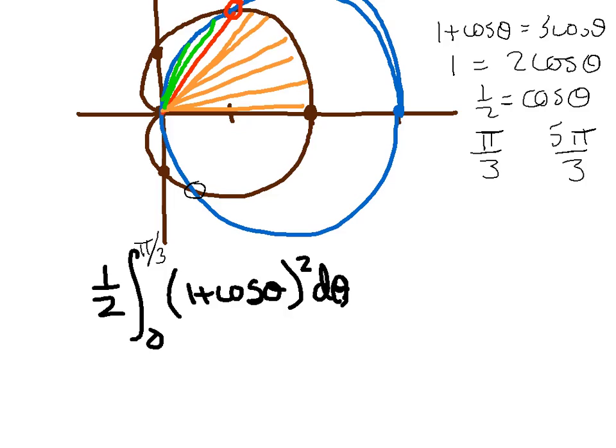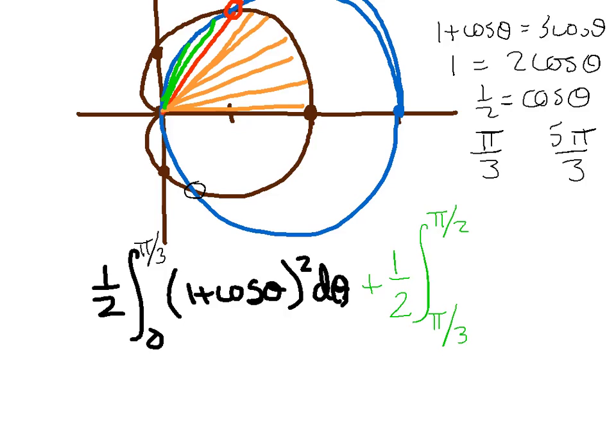Now, on top of that, we need to find the area of the green region. So we're going to say 1/2 the integral from pi over 3 to pi over 2, which is when that blue graph gets back to the pole.